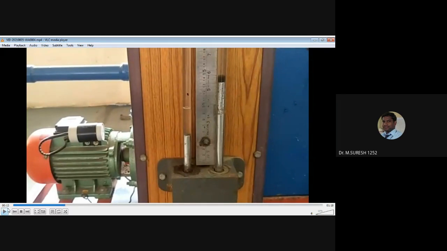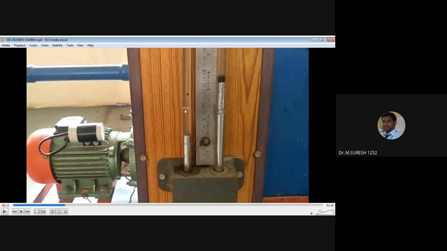For any instrument like venturi meter, orifice meter or torsi friction, before switching on the pump, we definitely need to ensure priming. You should know what I mean by priming, and also proper closing of all valves, gate valve and other valves.